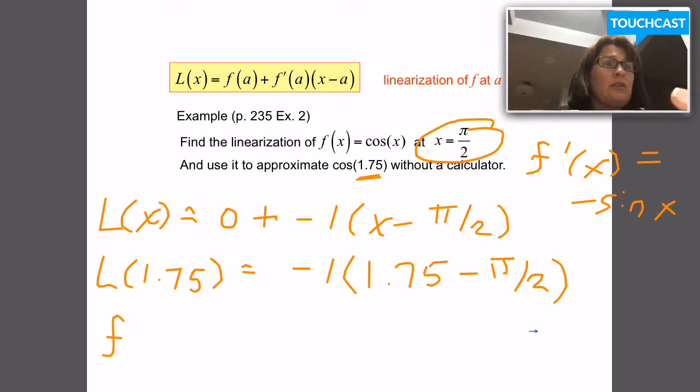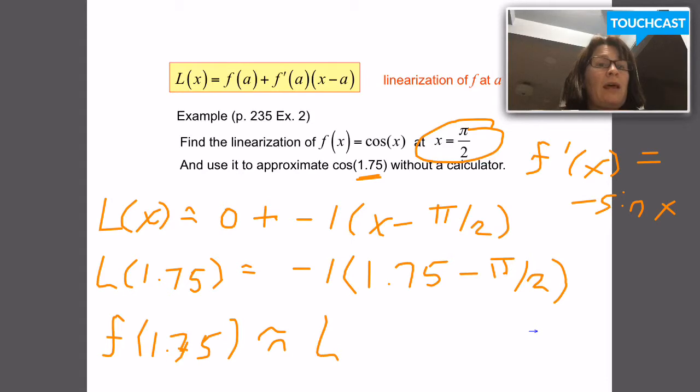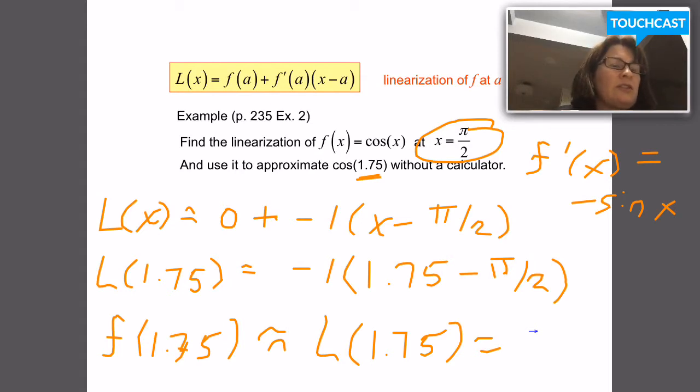I don't actually know the cosine of 1.75, but I do know that f of 1.75, which is the same as saying cosine of 1.75, is approximately equal to L of 1.75, which is equal to, if I distribute that, pi over 2 minus 1.75.